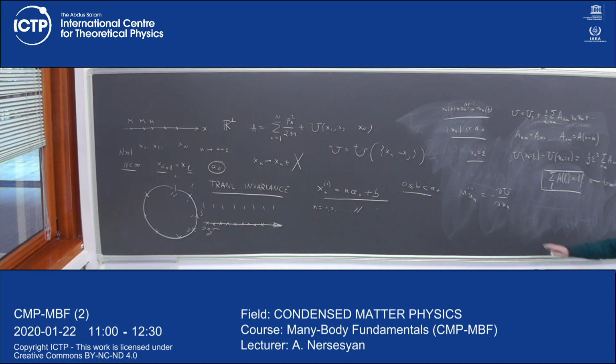So I differentiate with respect to u_n, and this gives me minus the sum over the lattice sites of A_nm u_m. This is a set of equations. The equations are linear, very simple. This is the advantage of the harmonic approximation. What is written here is the harmonic approximation.